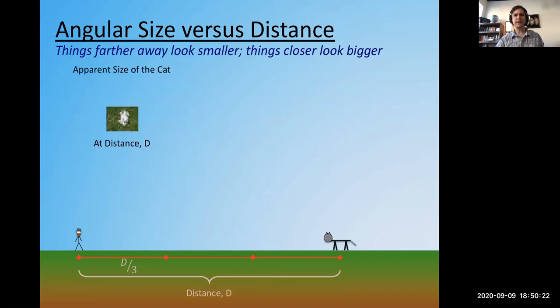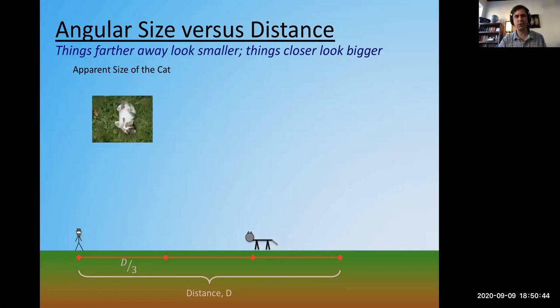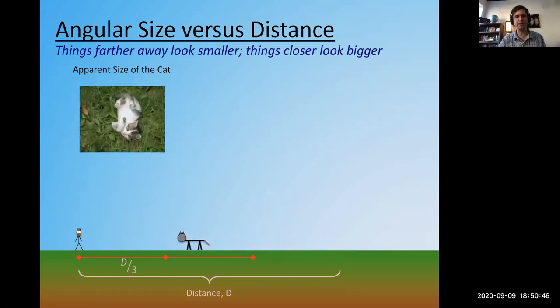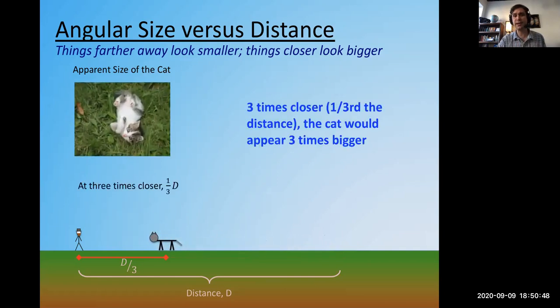What happens in the opposite case, if we take a cat that's really far away and we move it closer? Obviously, as the cat approaches us, it's coming over for some nice pets. But as the cat is walking up to us, it's going to have a larger and larger angular size. It will appear to be bigger. So as the cat closes the distance to 1/3 the distance, so it'd be 3 times closer.